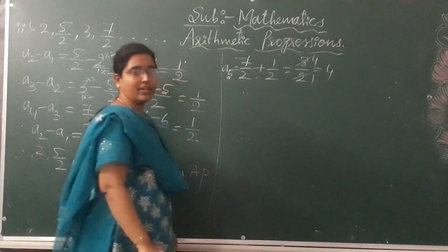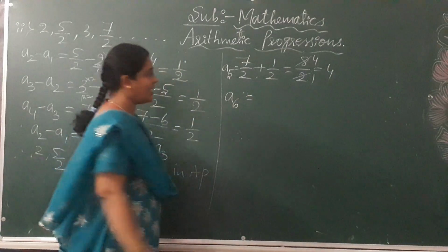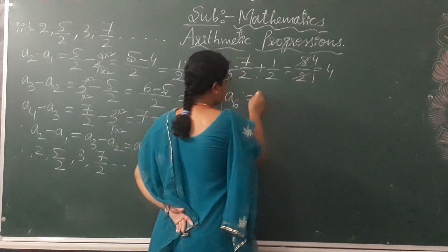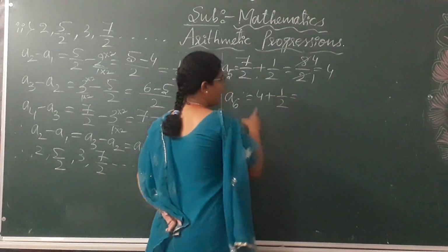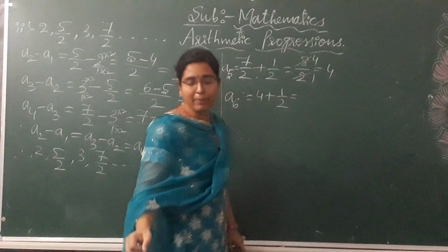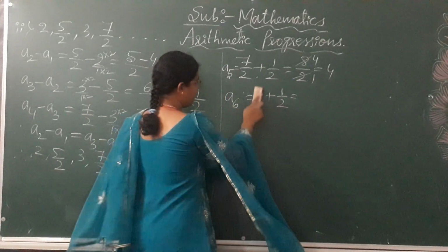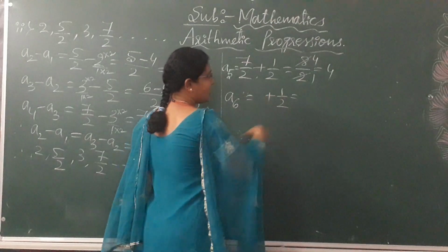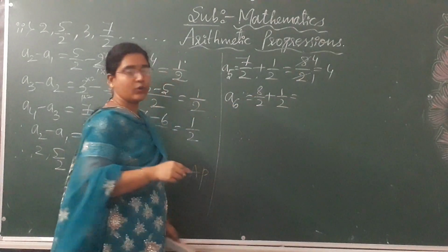It is the fifth term. And next find the sixth term, that is, to this fifth term add 1 by 2. Here, instead of 4, we can take 8 by 2, because then we can easily add the numbers. That's why instead of 4 I am taking 8 by 2 here.